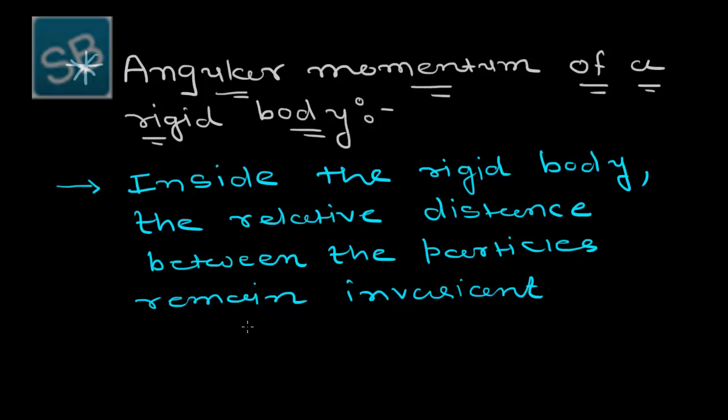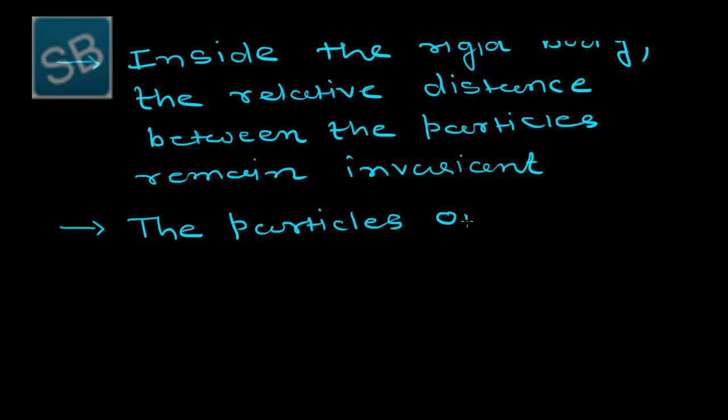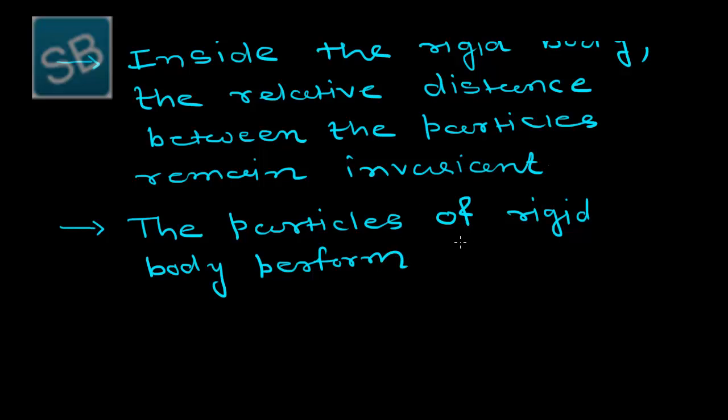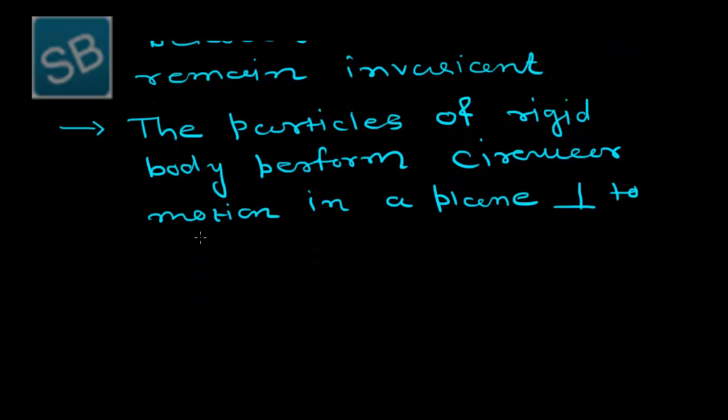And if you want to know the actual motion of the particles of the rigid body, they perform uniform circular motion, or if not uniform, then they perform a circular motion in a plane that is perpendicular to the rotational axis.